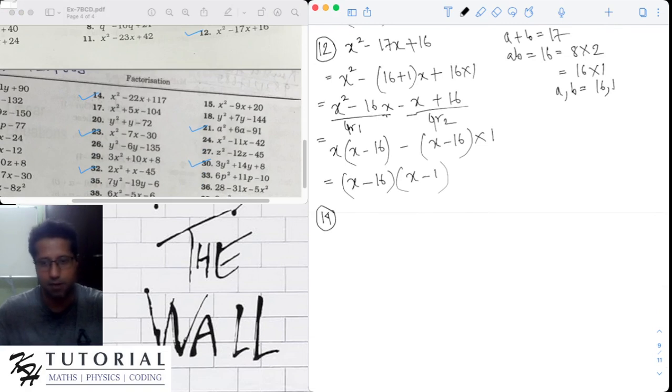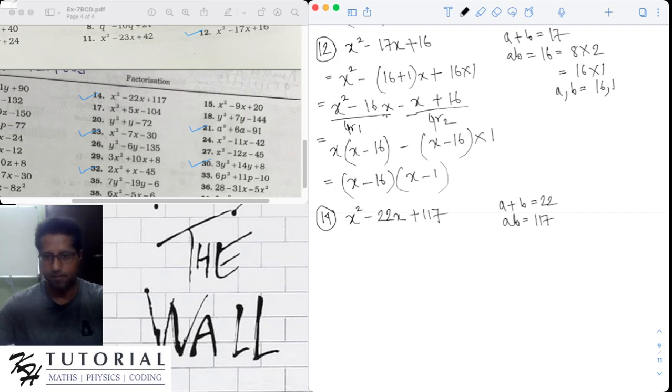14 is x square minus 22x plus 117. Okay, so a plus b must be equal to 22 and a multiplied by b must be equal to 117. So we have to start from the value of ab.